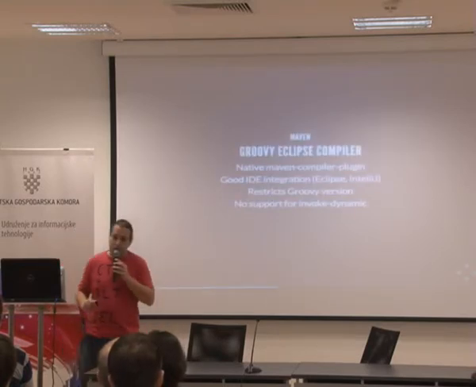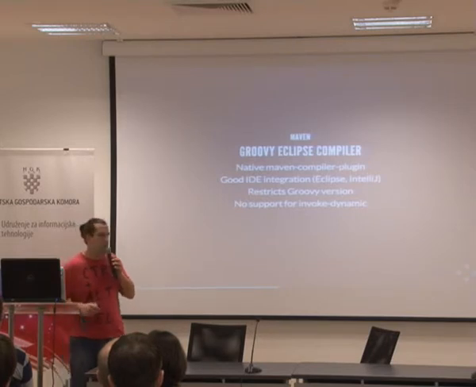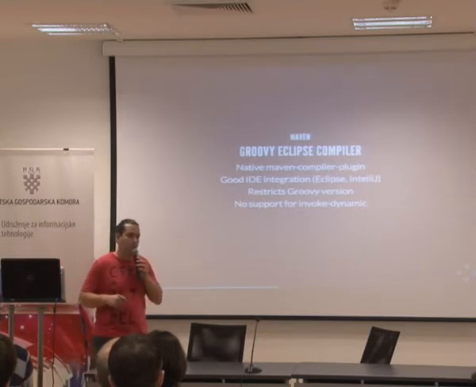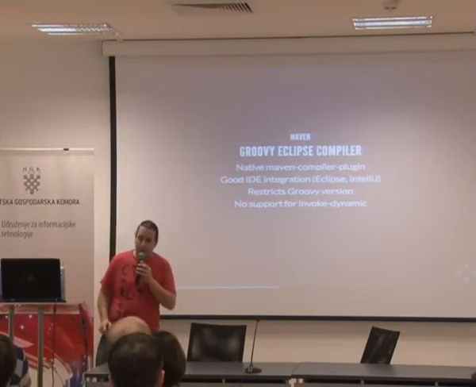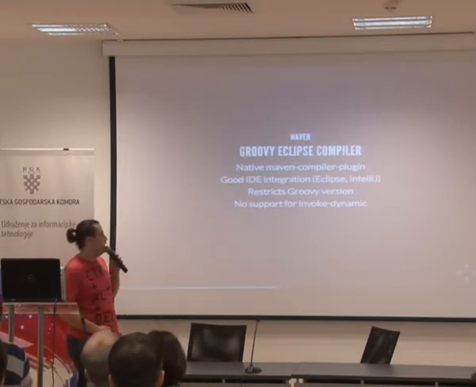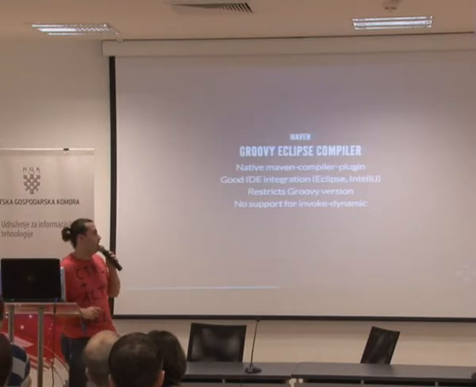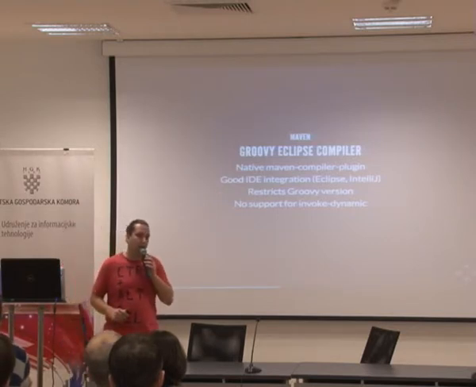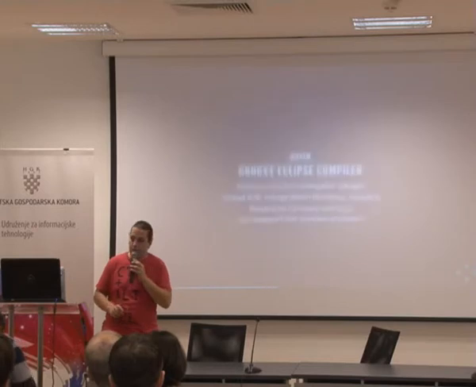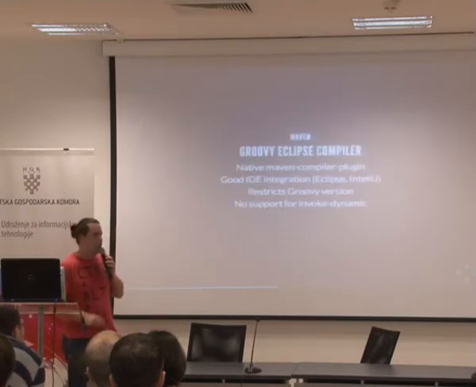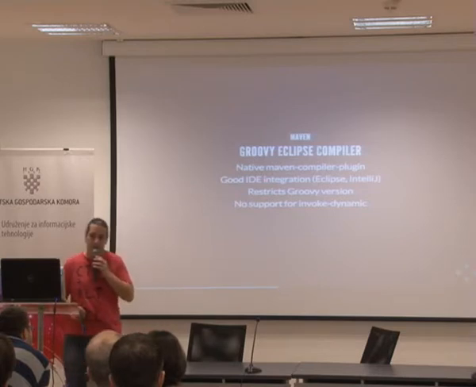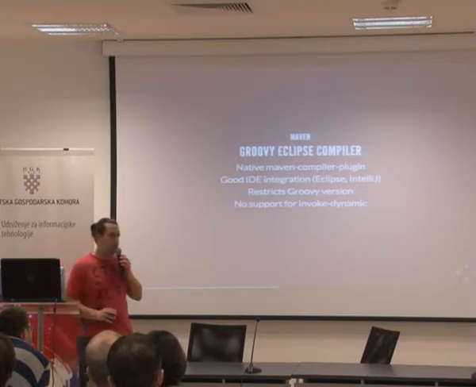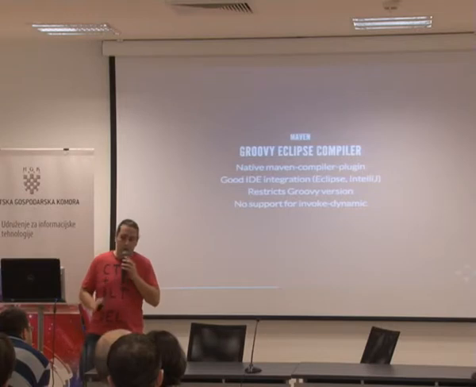The other option, if we really like Eclipse and we want to work with Eclipse and have everything out of the box, is the Groovy Eclipse compiler, which has one problem for me, and that is that it completely replaces the Java compiler. So everything gets compiled by the Groovy compiler, and that's the Groovy Eclipse compiler. It's a native Maven plugin, so it works well with Maven. It works well with all IDEs.